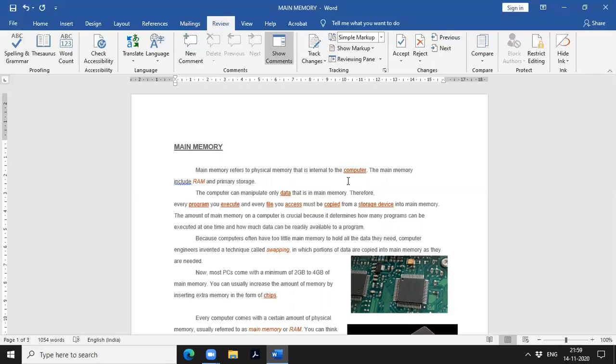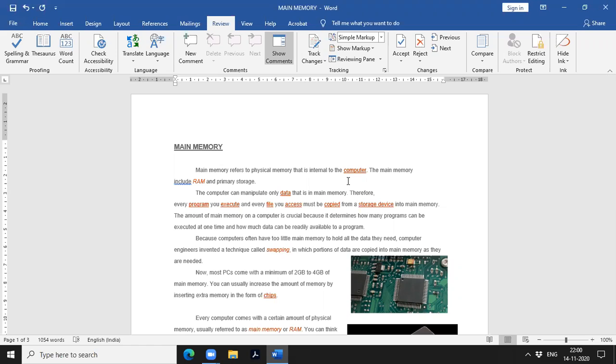Okay, so the amount of main memory on a computer is crucial because it determines how many programs can be executed at one time and how much data can be readily available for a program. We can execute more than one program.